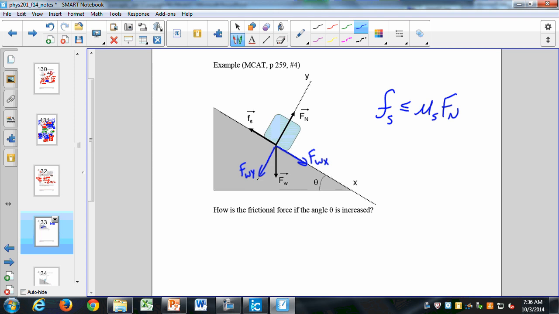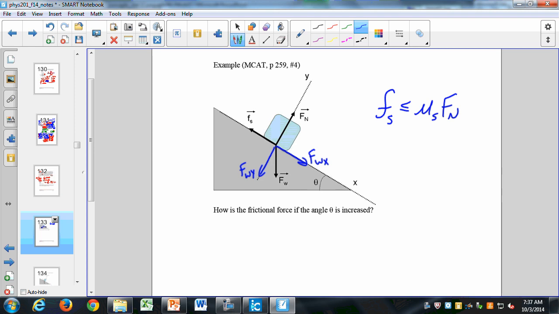Right, so as I move this inclined plane up, the component of this weight increases, but the component of this weight decreases, the y component, and the normal force is equal to the y component of the weight. And so if this component decreases, that means the normal force is going to decrease, which also means that the maximum static frictional force is going to decrease. All right?